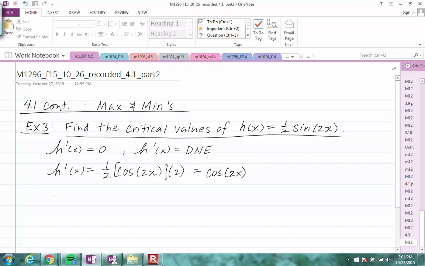And our next thing is, well, first of all, notice that there's no x for which cosine of 2x equals DNE, or where that function does not exist.